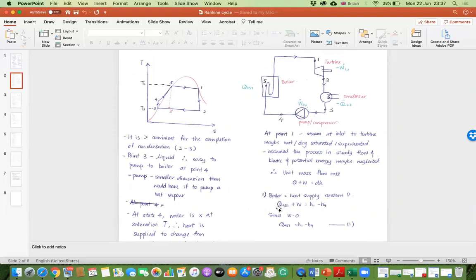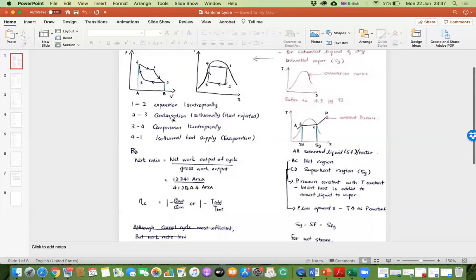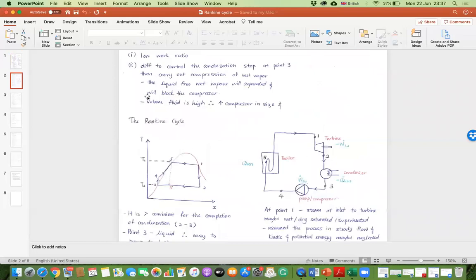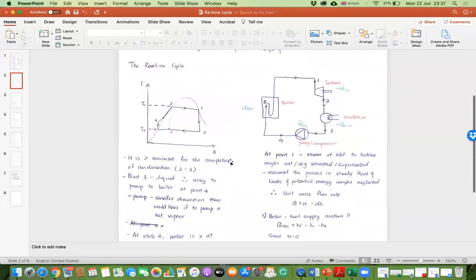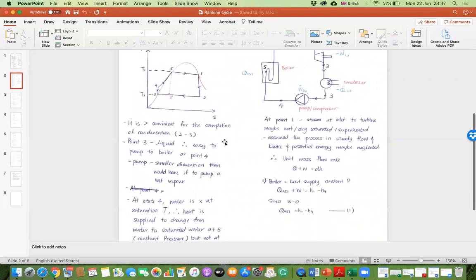So we can use Q equals to the delta of enthalpy, H1 minus H4. Why H1? Let's look at this. Because this is an expansion, H1 is definitely higher than H4.